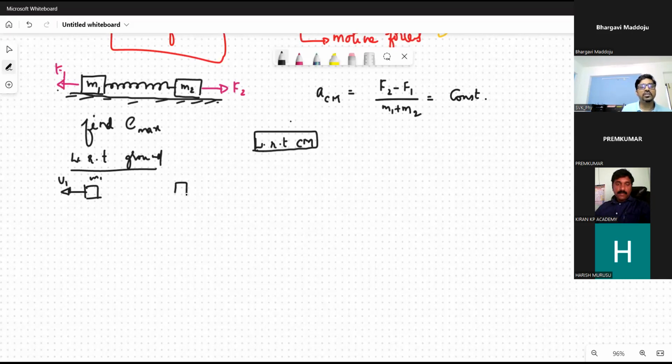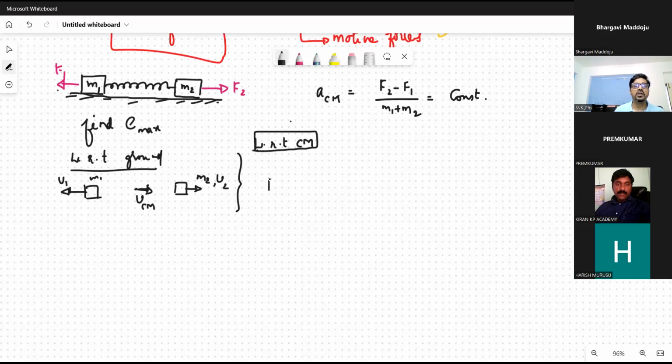M2 will have velocity V2. Spring is massless anyway. And center of mass will have a velocity V cm. I'm assuming it to the right side because F2 is assumed to be constant. So the same thing we can study with respect to center of mass.